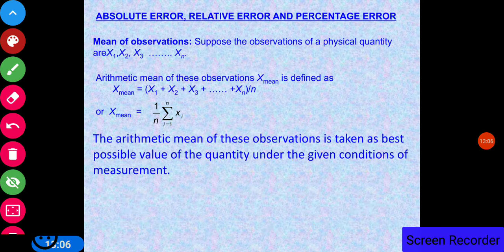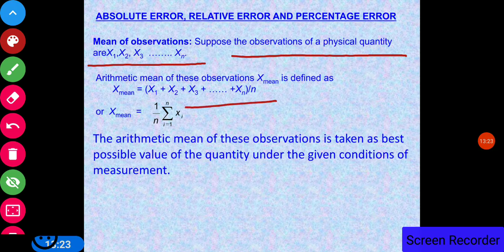Now, absolute error, relative error, and percentage error. First, the mean of observations. Suppose you are measuring a quantity n times, that is x1, x2, x3 up to xn. How do you find the average? You add all the values and divide by n, and you get the mean.